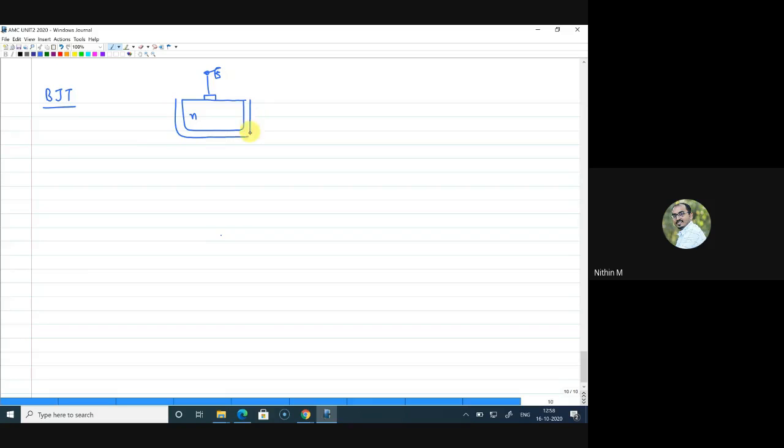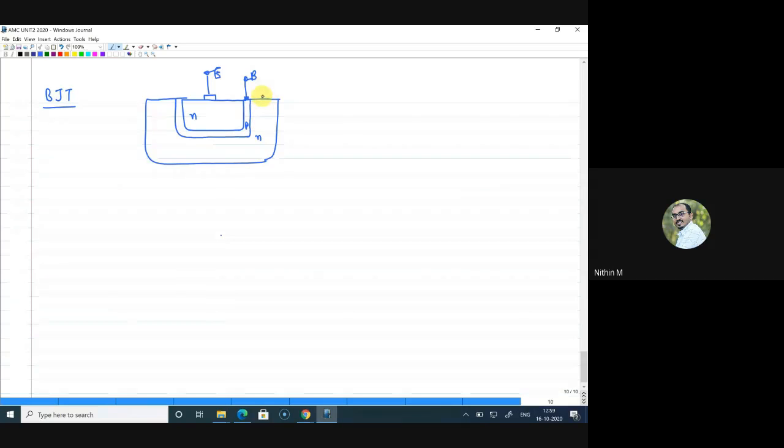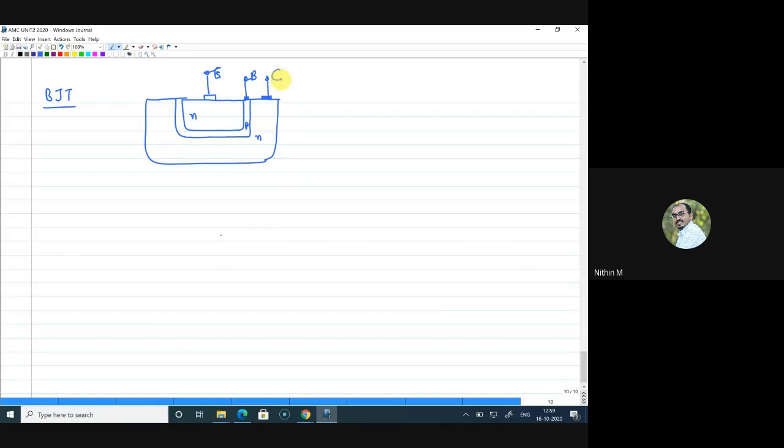You have a very thin base. And so this is P, this is N, and this is the collector part.